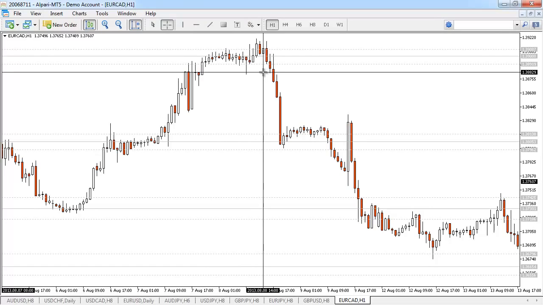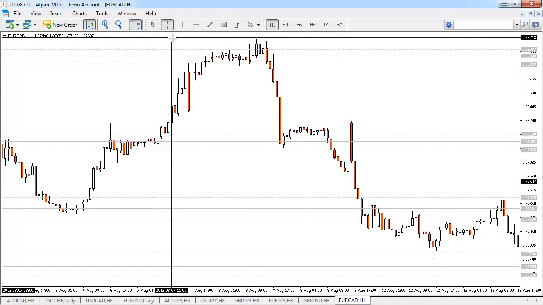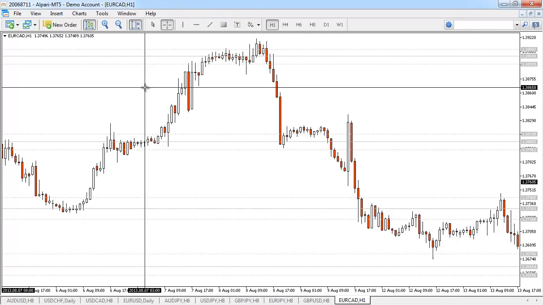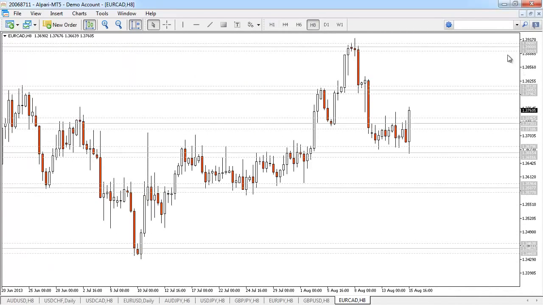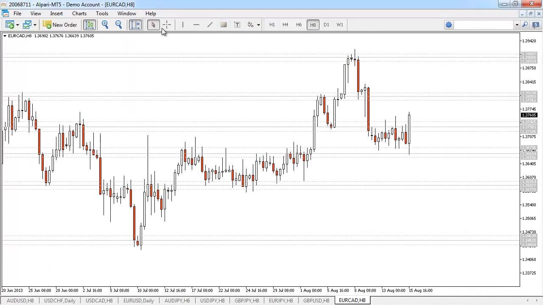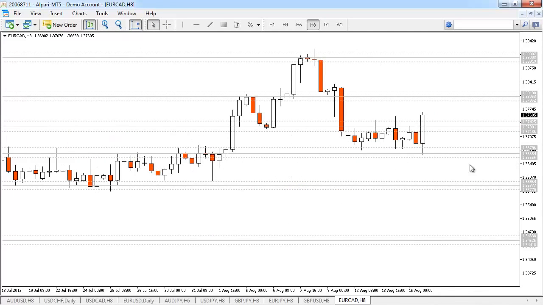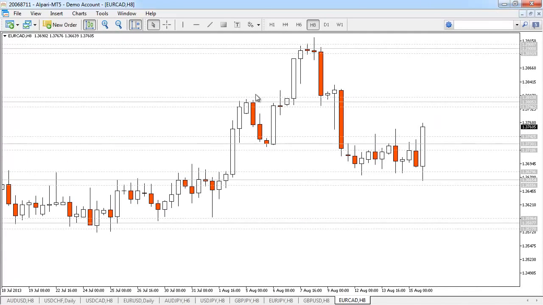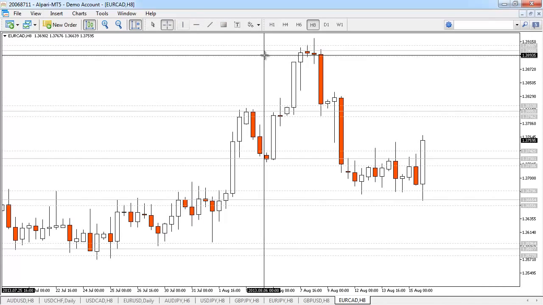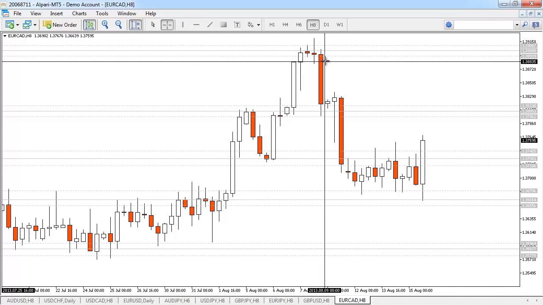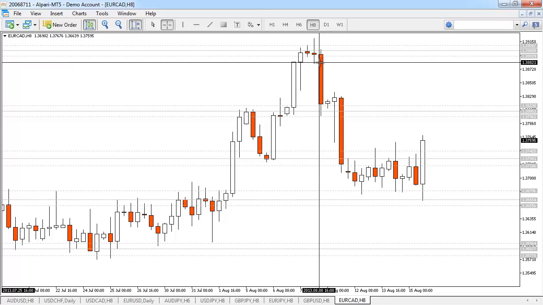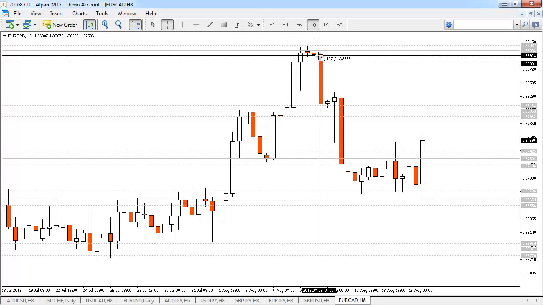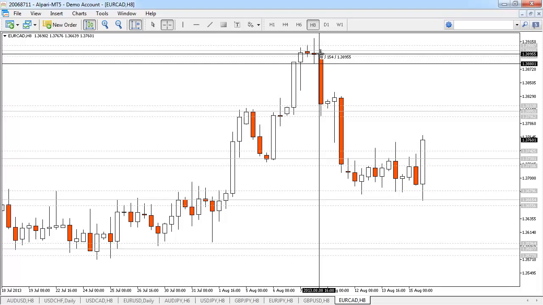Wait, what was the exact number? I can't remember because it was 2 weeks ago. But let's go back to here. Let's zoom in. So this trade was entered on this candle here as it came down to the low, and it retraced up to around about here.